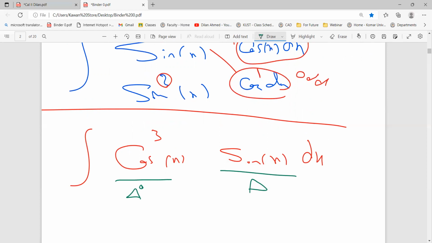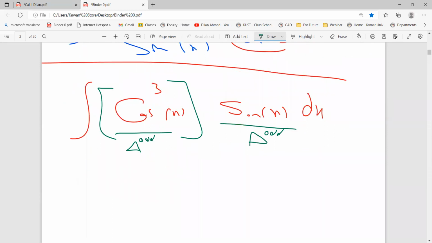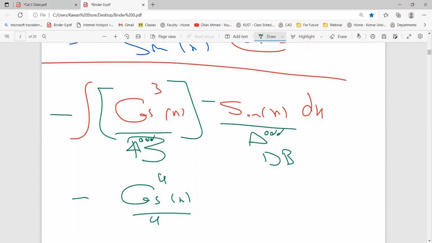One of them is odd, the other also odd. So I'll make that one a box, right? The derivative of the box equals minus sine. Now I have box, d box, right? Did you understand what I did?